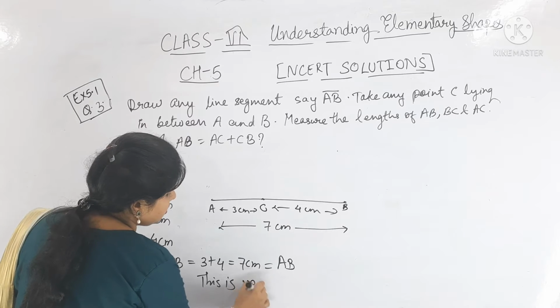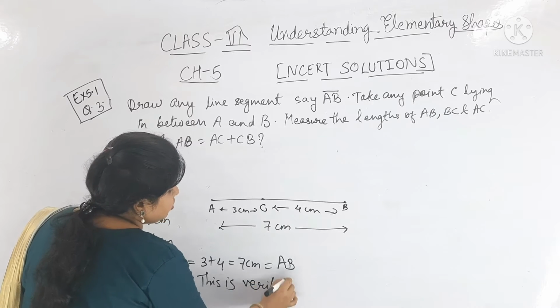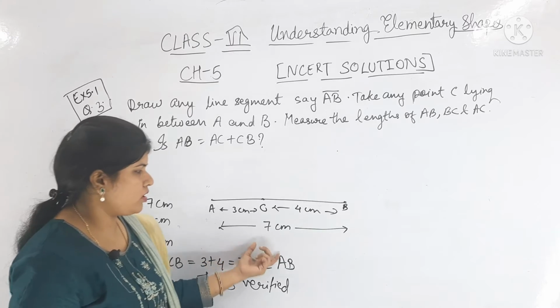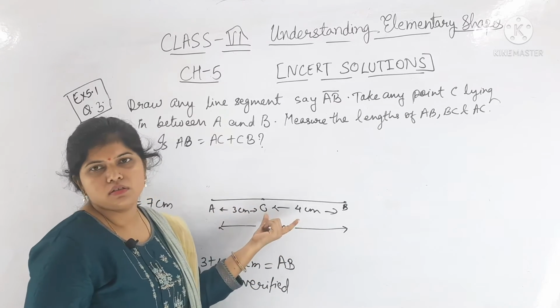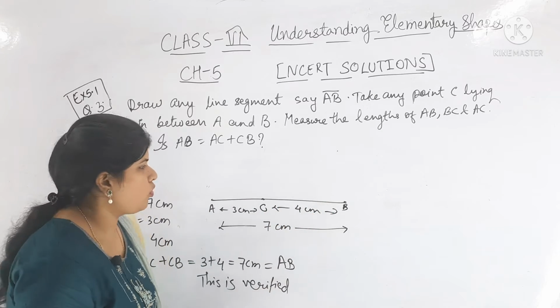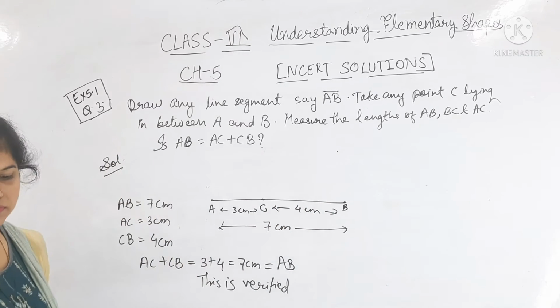So this is verified. You can take any measure, 5 centimeter, 4 centimeter, anything, and according to that you take the measurements of AC and CB. So this is the solution.